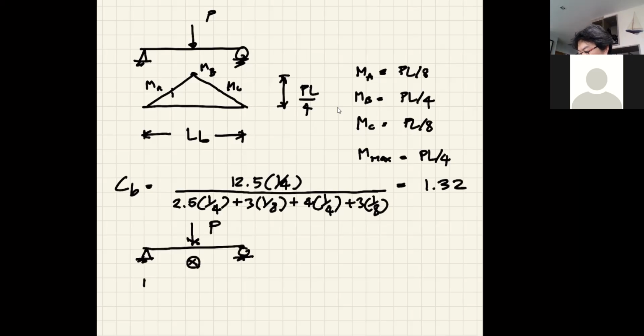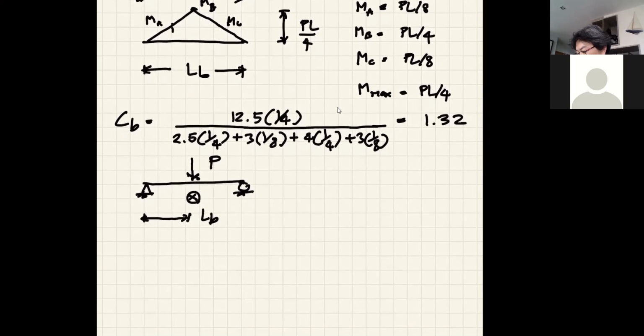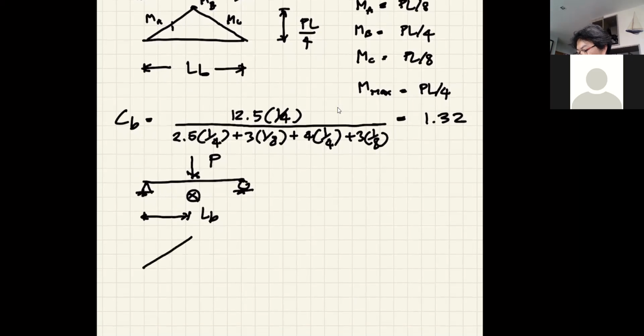So LB becomes only half of the length, okay? So that means for my bending moment diagram to calculate CB, in fact, you will need to consider both regions of this beam, the region on the left and the region on the right side of the point load, but they are identical. So it's safe to say that we can consider only one case.